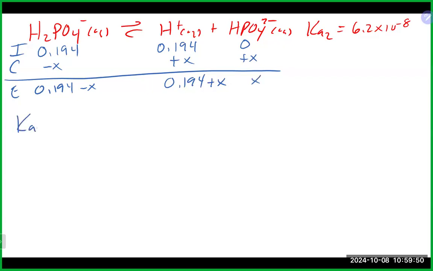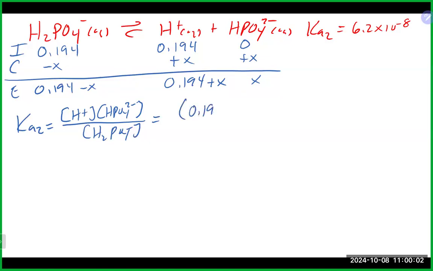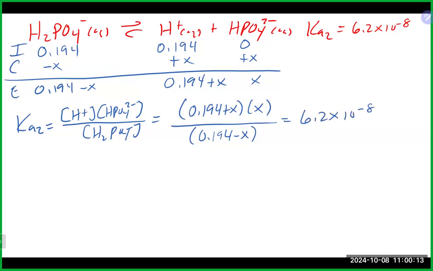Going into our Ka2 expression of products divided by reactants, putting in our values gives me 0.194 plus X times X divided by 0.194 minus X equals our Ka2 of 6.2 times 10 to the minus 8.